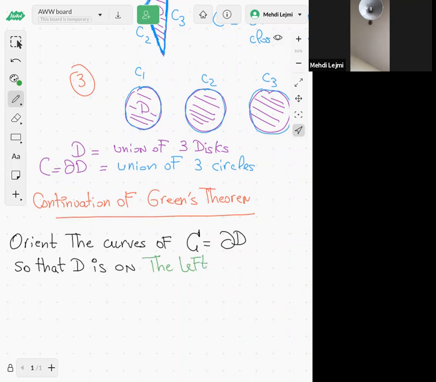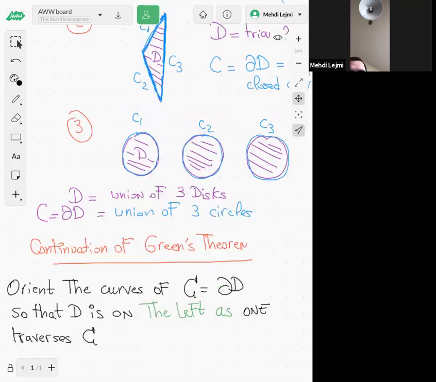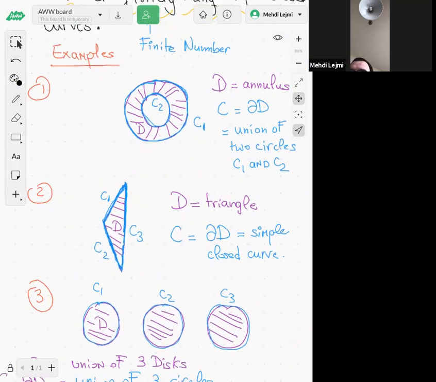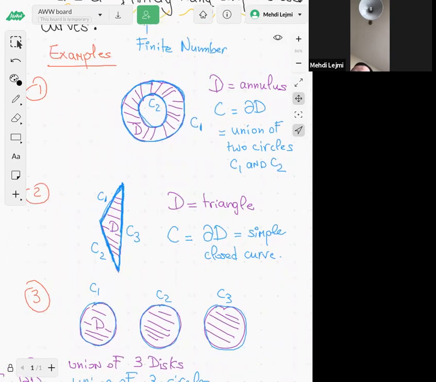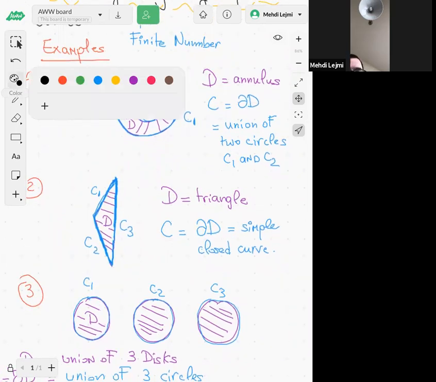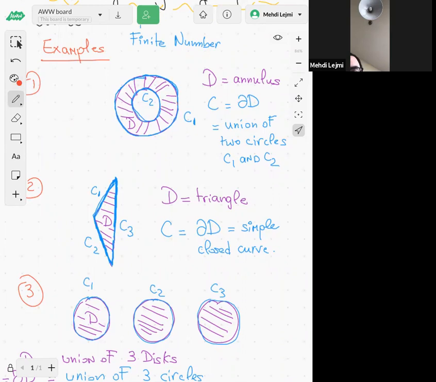Okay, as one traverses C. So in these examples, for example the first example, I need to orient my boundary C so that D is on the left as one traverses C. For C1, I'm going to orient C1 like this, because as one traverses C1, D would be on the left.